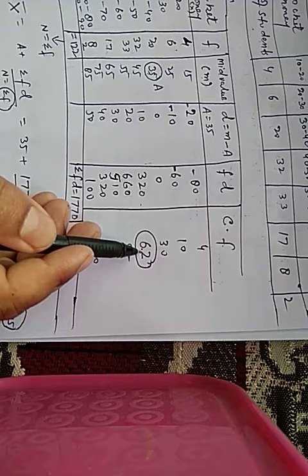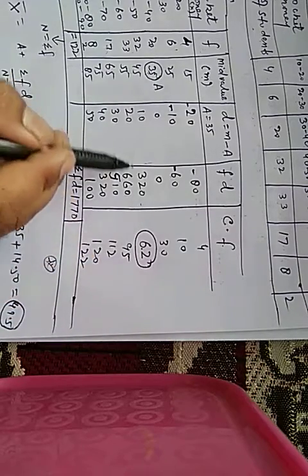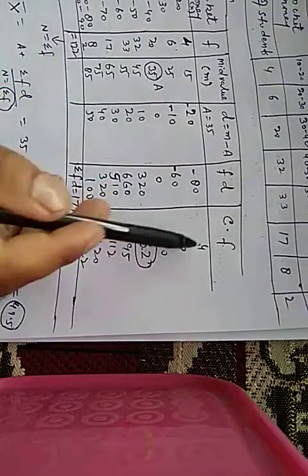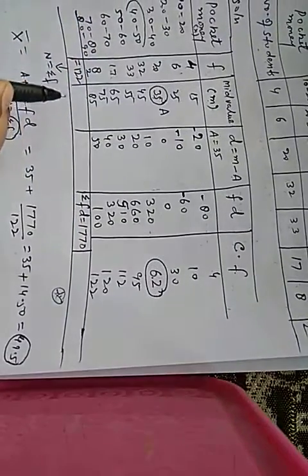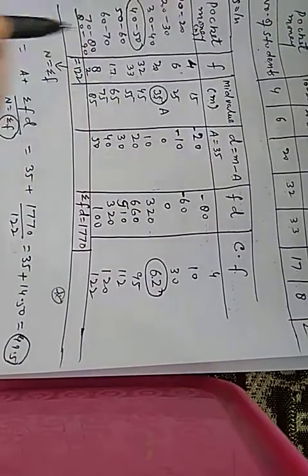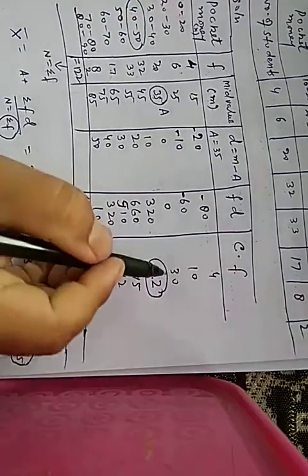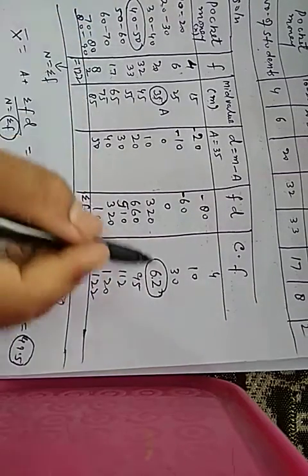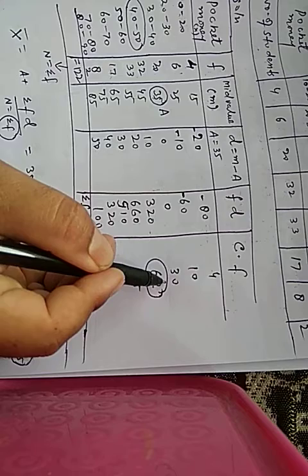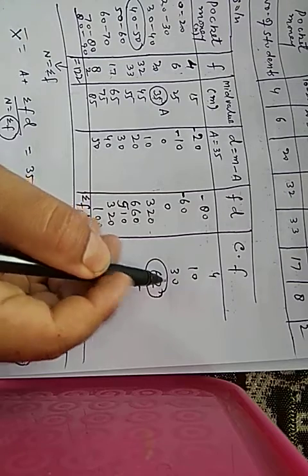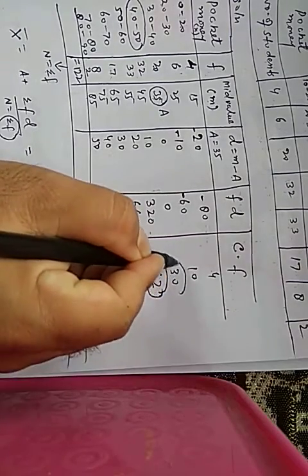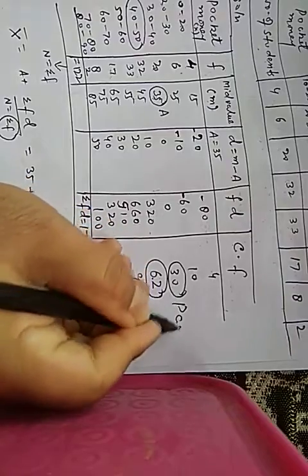The class interval is 40 to 50, this is the median class, and its preceding cumulative frequency will be 30. 30 will be PCF.